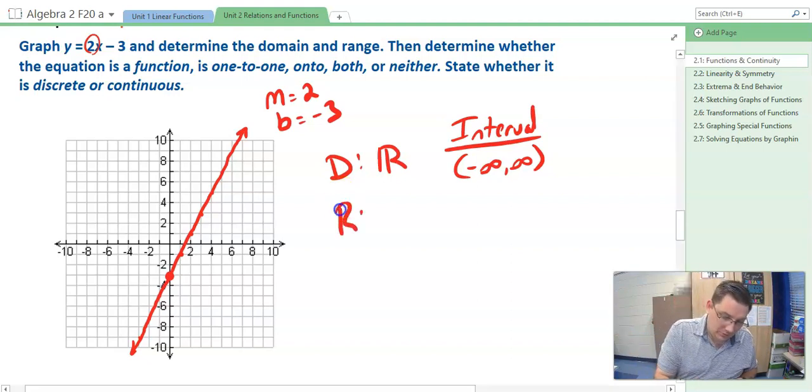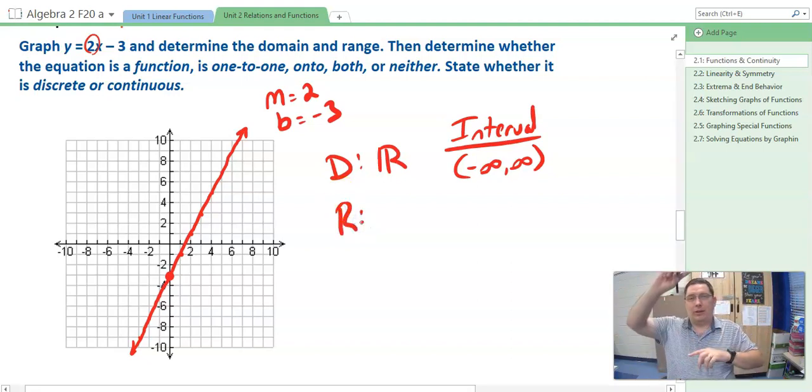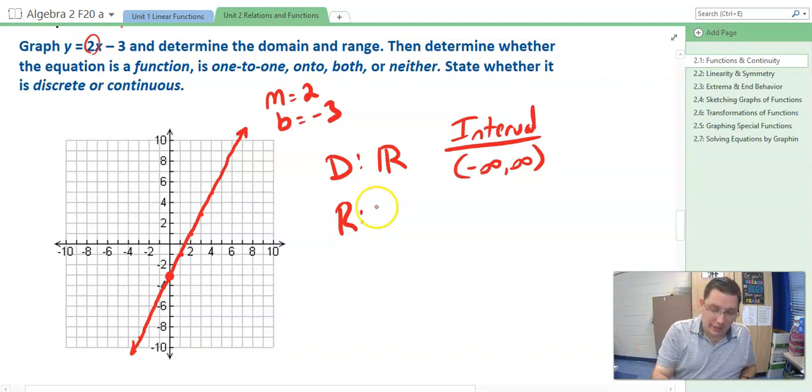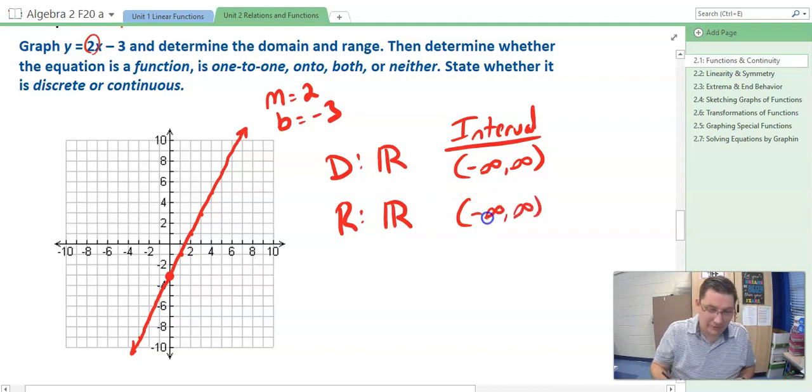When we look at our range, remember range is talking about the y values. What does it do for y? It keeps going up forever, and it keeps going down forever. And so what's that going to do? Again, we have all real numbers for the range, and we would write that in interval notation as -infinity to +infinity. So, next question, is this a function?